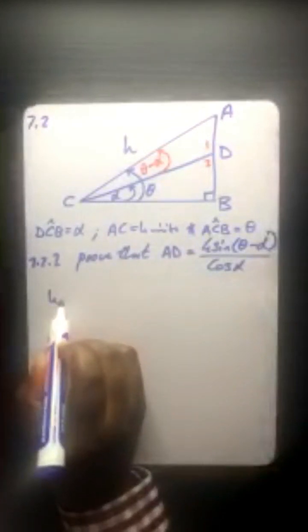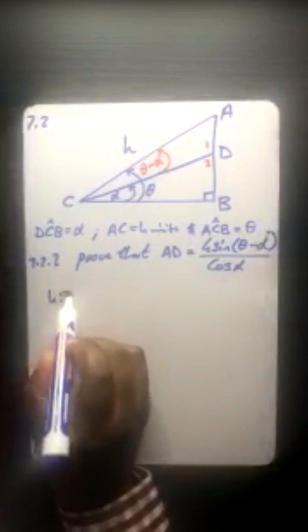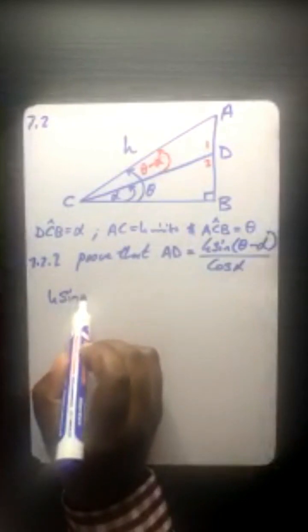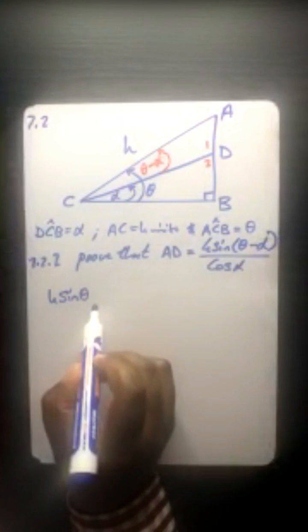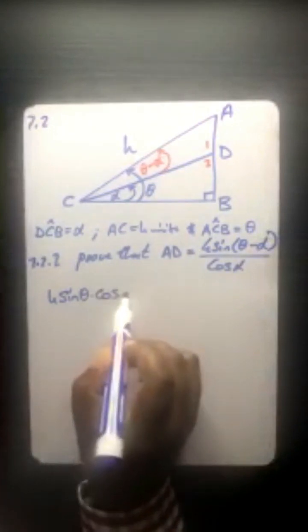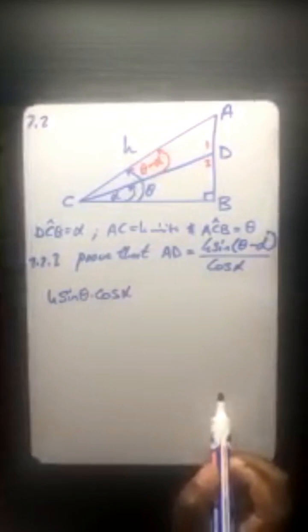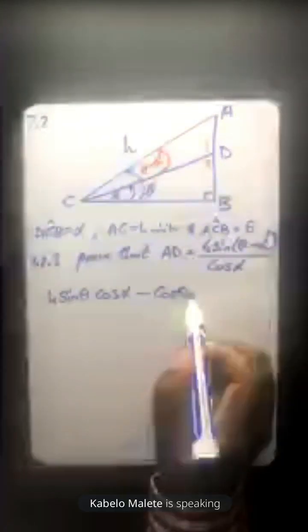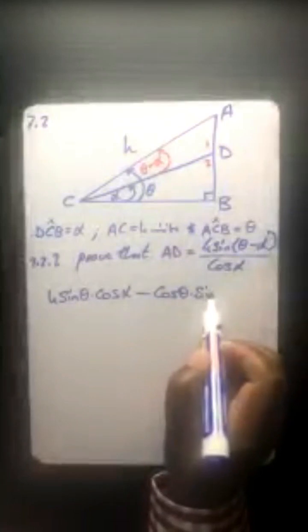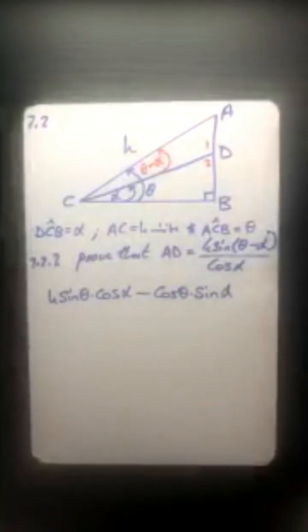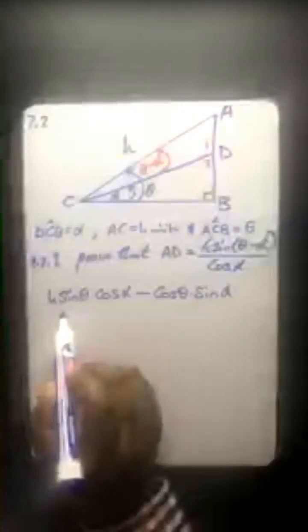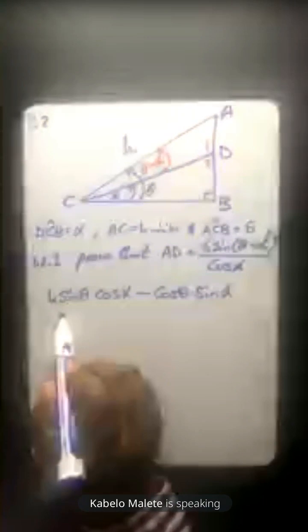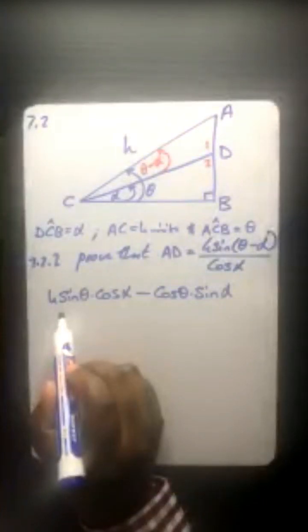It's H, so it's going to be sine theta multiplied by cos alpha, minus cos theta multiplied by sine alpha. So it's one of the compound angles.